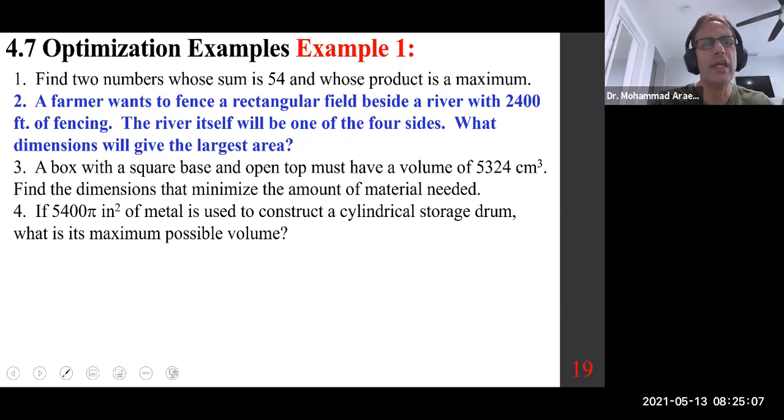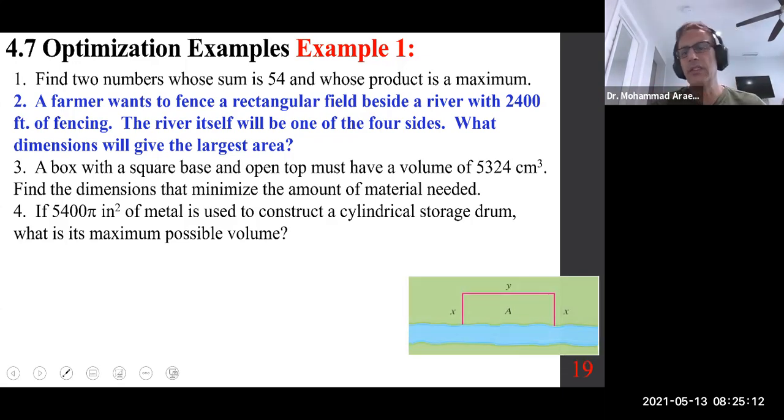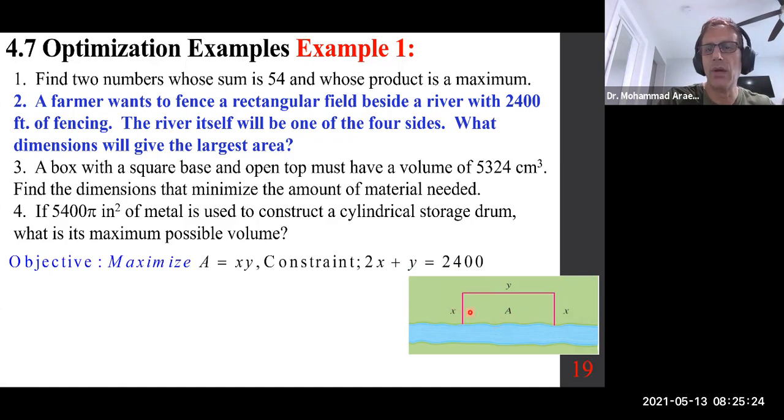So on this page, if we look at one of them, let's say number 2, it starts with a setting. I can't emphasize the importance of the setting. Do the drawing: this is x, this is y, and your objective function becomes maximize the area, which is x times y, with the constraint, which is the perimeter, normally 2x plus 2y, but because one side doesn't need fencing, it would be 2x plus y only, equals 2,400.